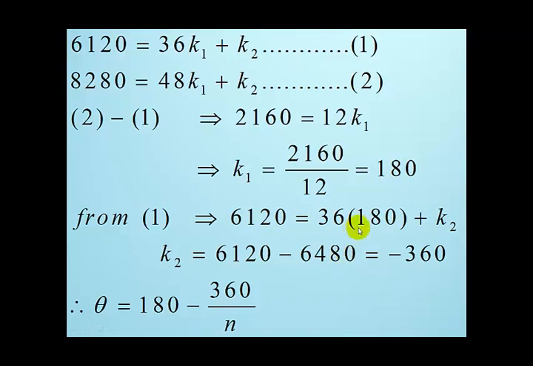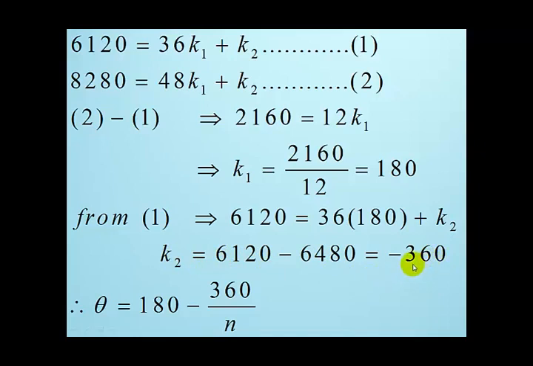And that becomes minus 6,480 on the left hand side is equal to our K2. Now K2 will be equal to 6120 minus 6,480, and when we subtract 6,480 from 6,120, the answer is minus 360. That is how come we have K2 equals minus 360.